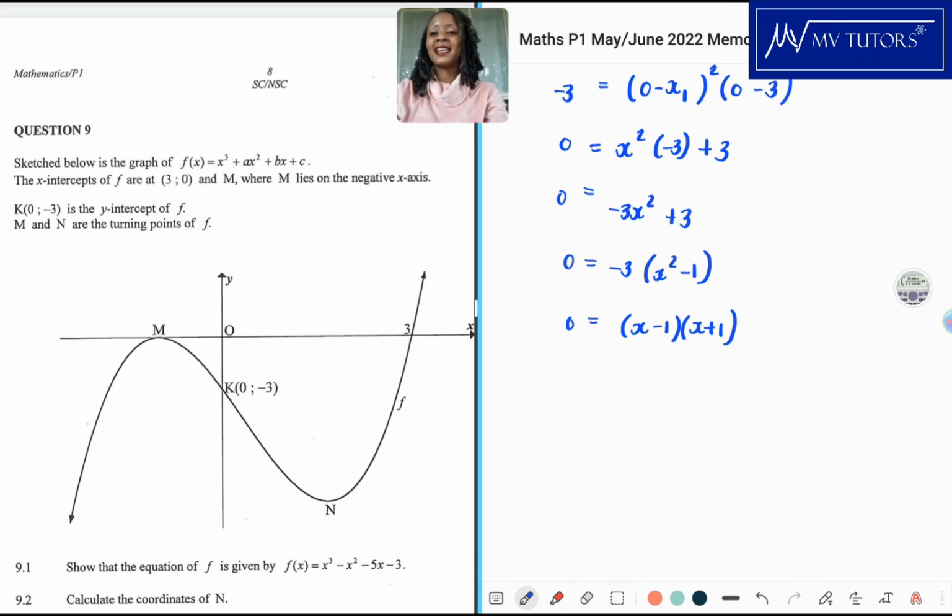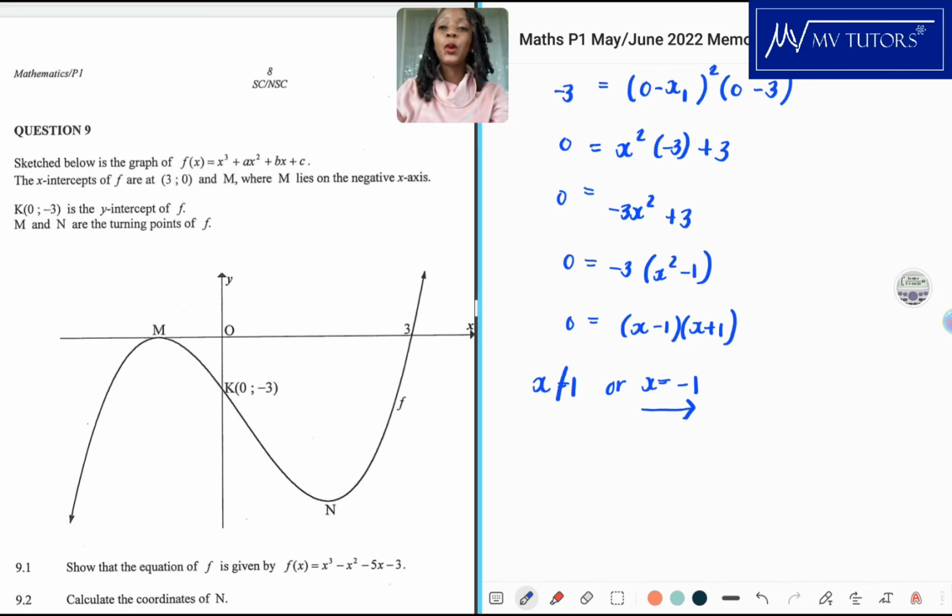But in this case, difference of two squares, né? X is equal to 1 or x is equal to minus 1. So we know it cannot be equal to 1 because it can only be at, sorry, at -1, because that's where m is. They told us on the negative side. So x is equal to minus 1, but we're not done yet.